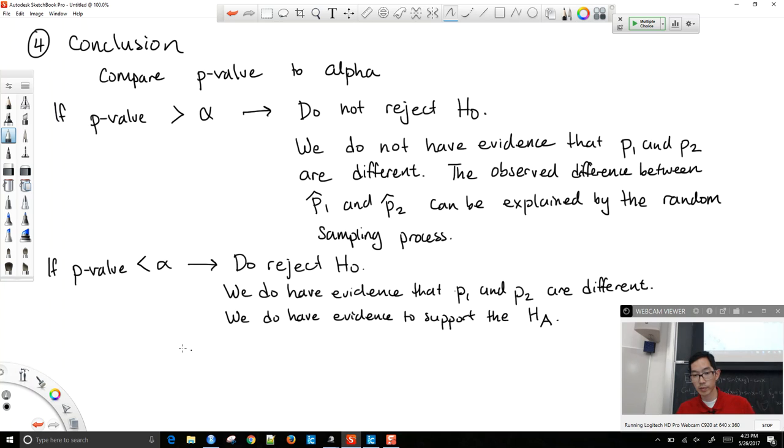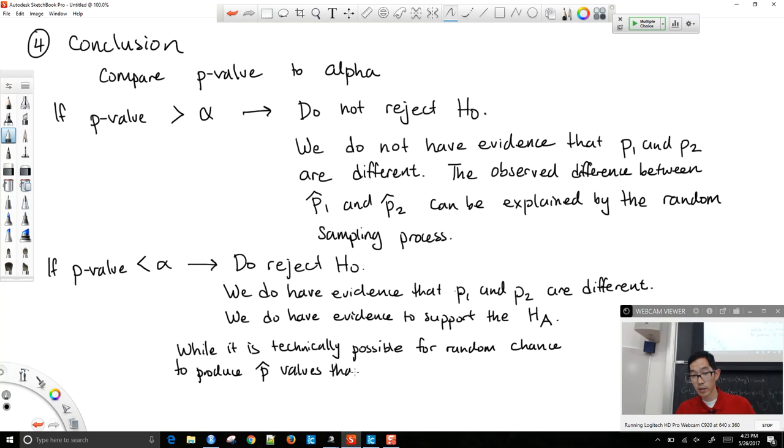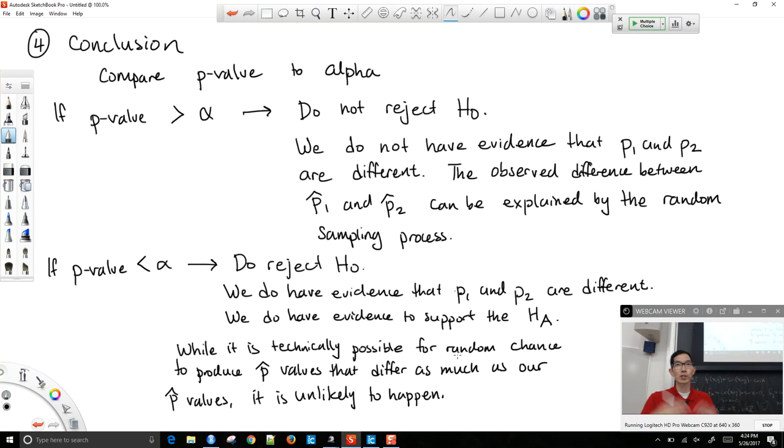Or we might say, while it is technically possible for random chance to produce p-hat values that differ as much as our p-hat values, it is unlikely to happen.